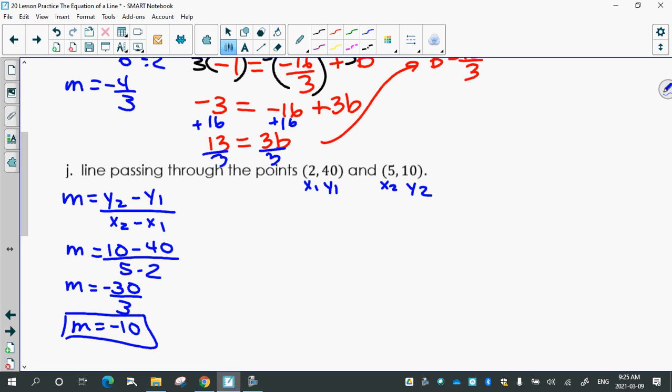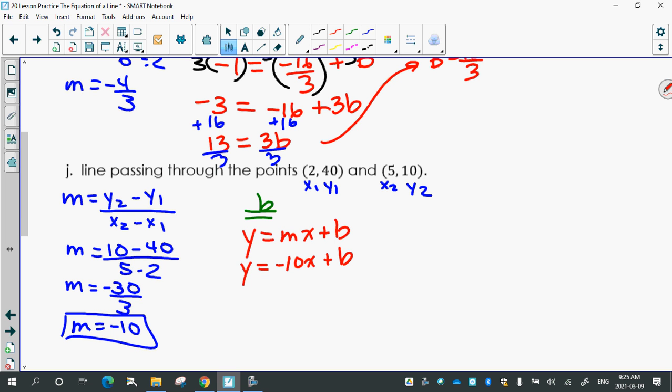So I got my slope to be negative 10. Now I want to find my b. So I use the equation where I know m is negative 10. And I have my choice of 2 points to use. Okay, I can either use (2, 40) or (5, 10). They'll both give me the same answer.